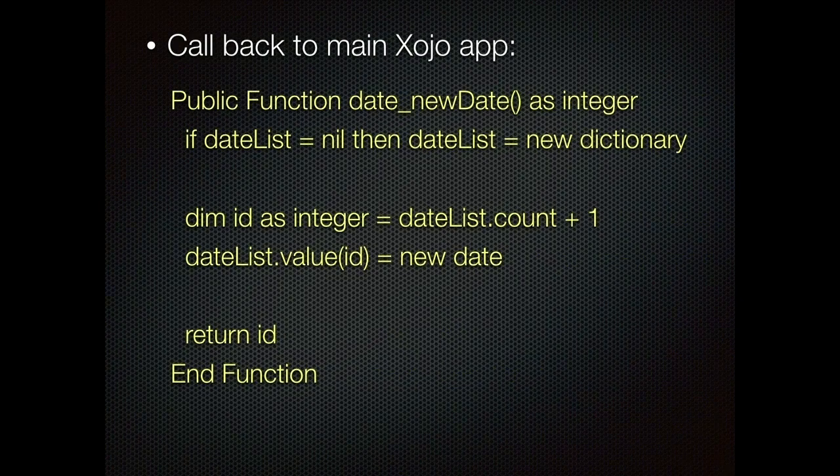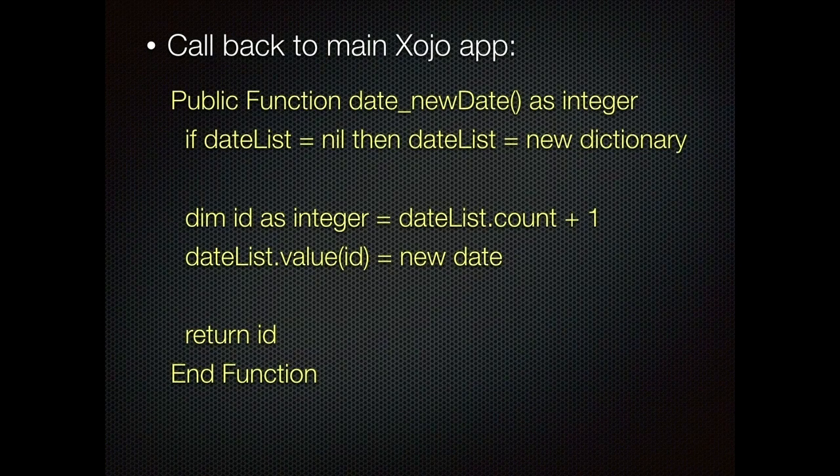So basically, this is the new date function call or method that's in the main app, right? This is when that constructor gets called, when in our XojoScript we create a new date. We first make sure the dictionary exists, the first line there.